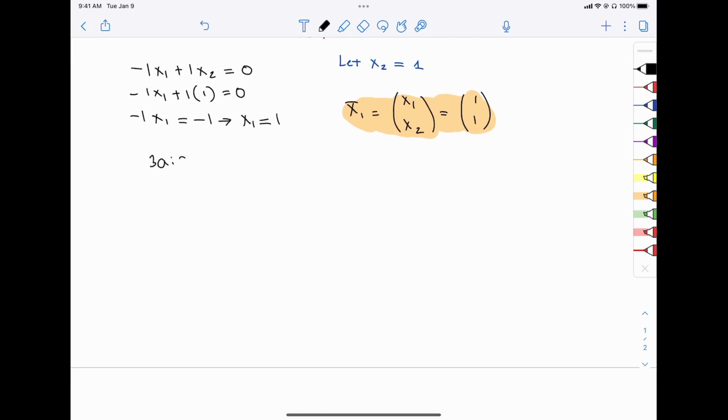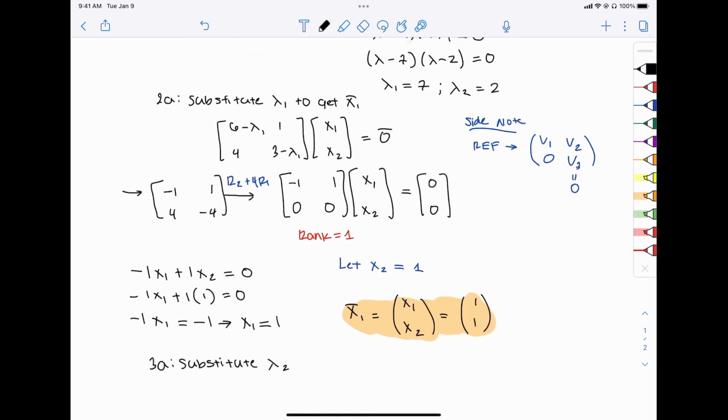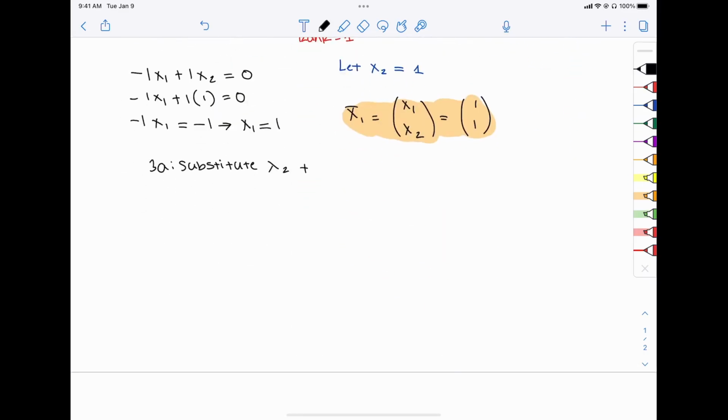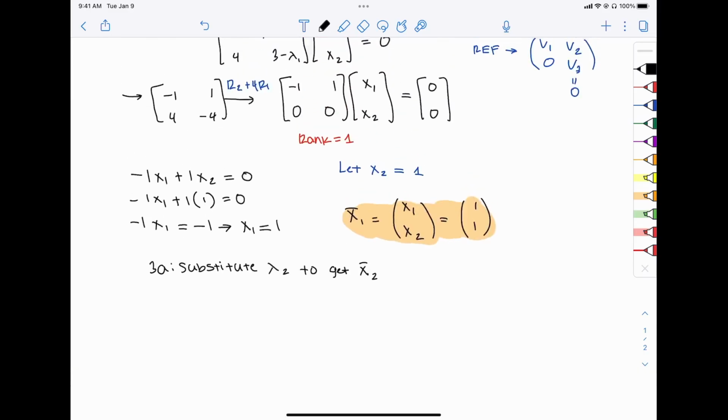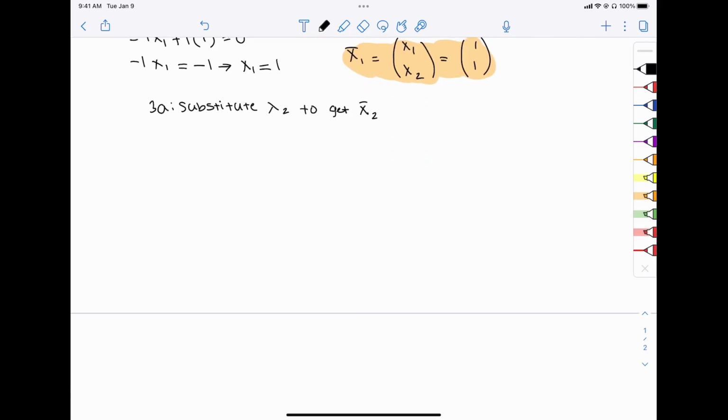Now, step 3a, we substitute lambda 2 to get x2. Well, nothing changes here.